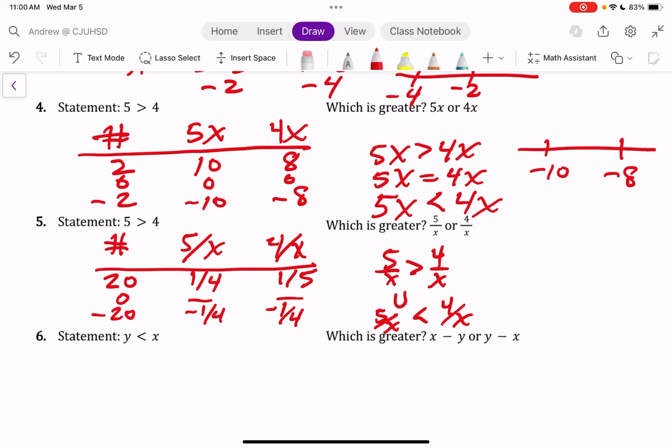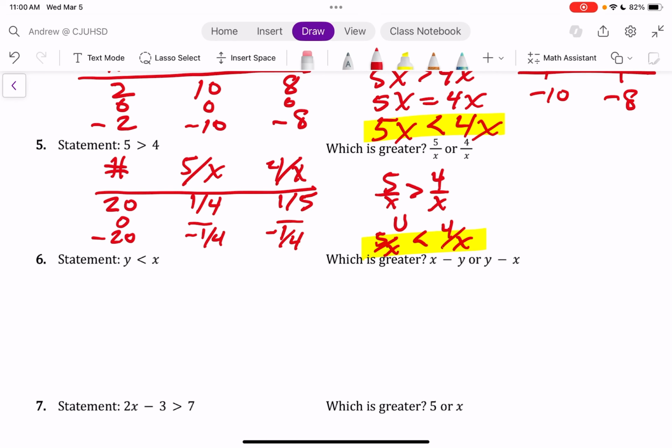So on 4 and 5, if you have a negative number, it actually switches the inequality the other direction, from greater than to less than. That's important. We'll put that in our takeaways.